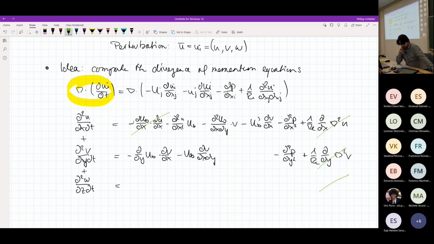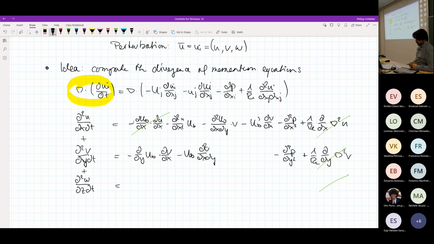In the equation you just wrote, it's minus ub dv over dx dy or dv squared over dx dy. Which one is wrong? Minus ub times dv over dx dy or minus ub the second line. The second derivative should be the square. Yeah, I think it's the second derivative of v over dx dy. Ah, exactly. Yeah, that's correct.